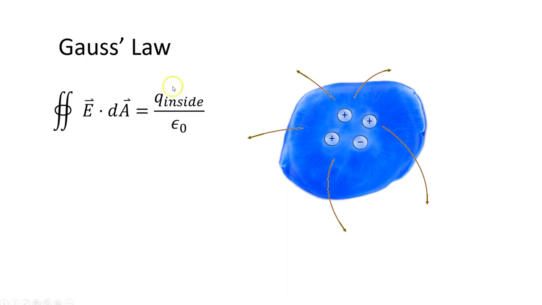So symbolically, we would get this double integral, which don't worry about that. E dot dA just means the electric field component perpendicular to the area times the area. And that is proportional through 1 over epsilon 0, proportional to the charge inside.